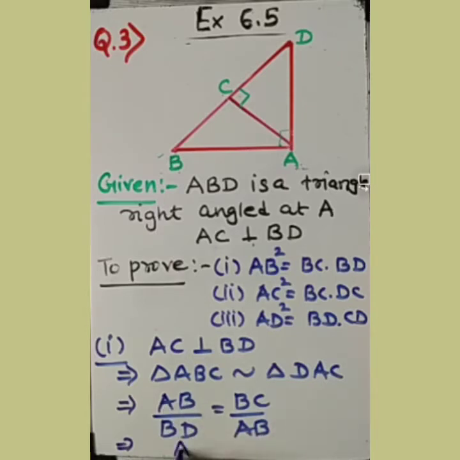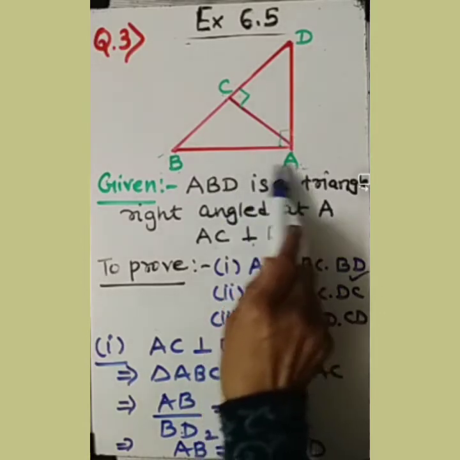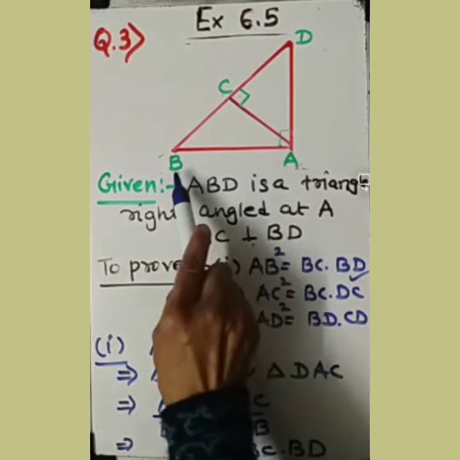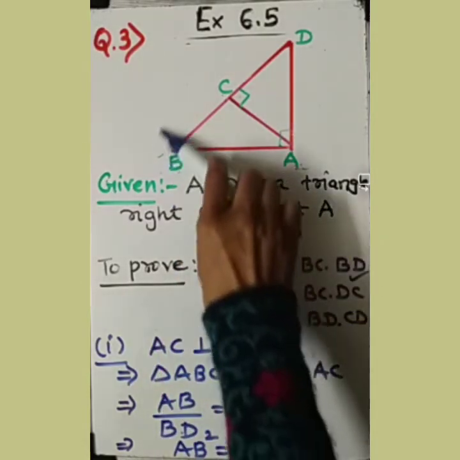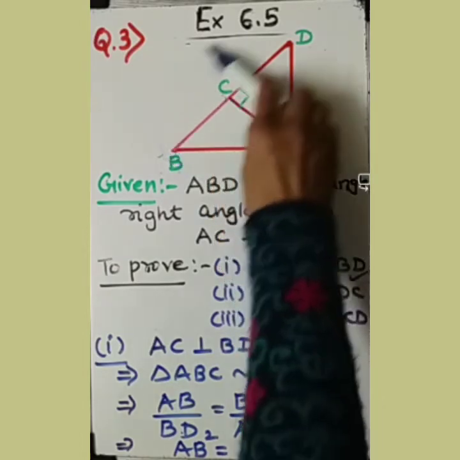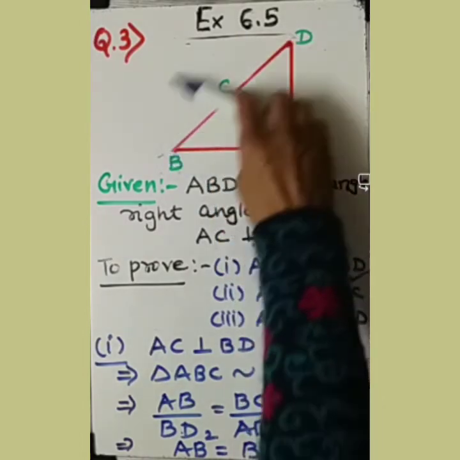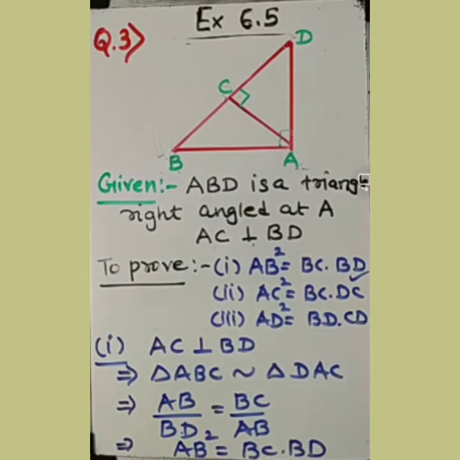So we will have AB into AB, AB square, equal to BC into BD. That is our result number 1, which we have proved: AB square equal to BC into BD.